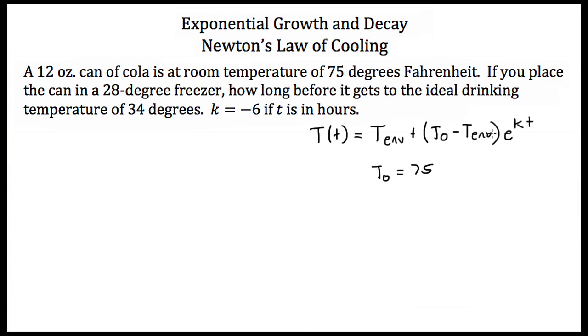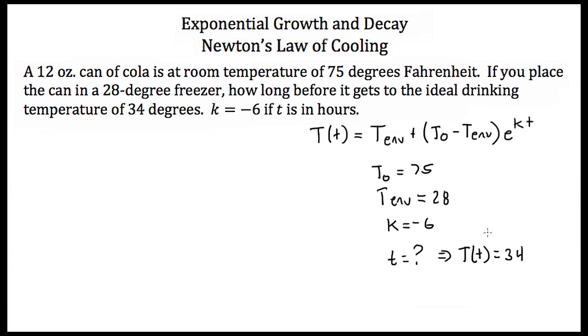The temperature of the environment, well, we're putting this into a 28-degree freezer, so that's equal to 28. We know our k value, that's equal to -6, and we want to know the time t when our cola is at 34 degrees.